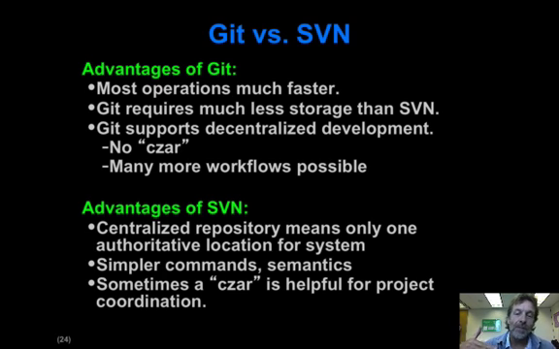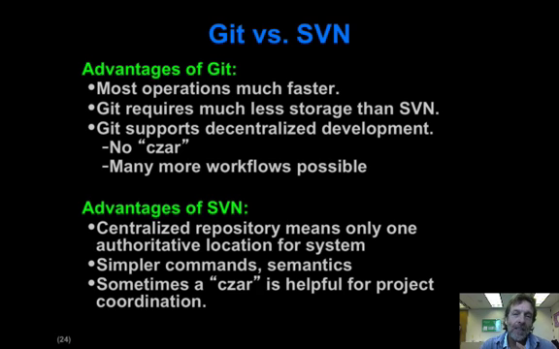Now, the converse of Subversion, and the reason why I've taught it in the past, and this is actually the first semester that I'm changing to Git and decentralized version control, is because if you come with a background of doing collaboration by emailing source files around to your friends, Subversion is a little bit easier concept, and centralized version control in general is an easier concept to get your mind around because there's not so many options for the way that you can collaborate with others. And learning to use Subversion is a little bit easier than learning to use Git. There's fewer commands to know, and the semantics of the commands are much easier to understand.